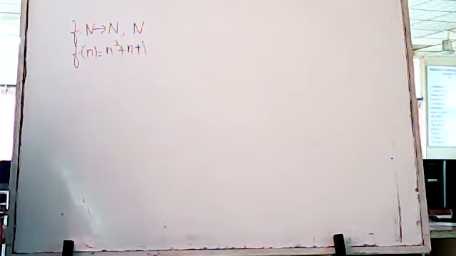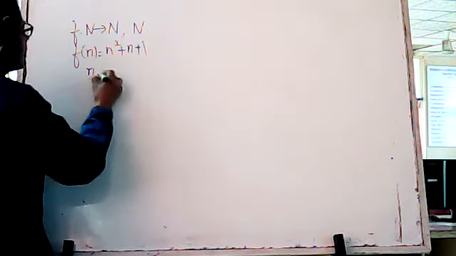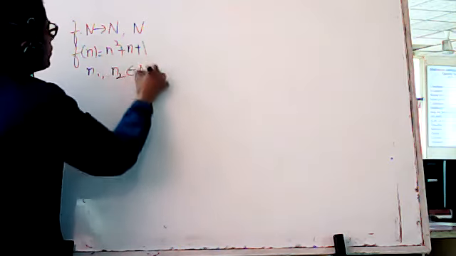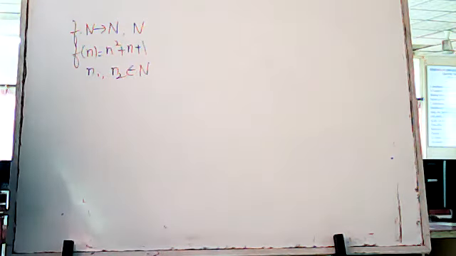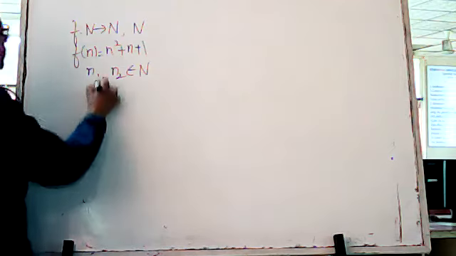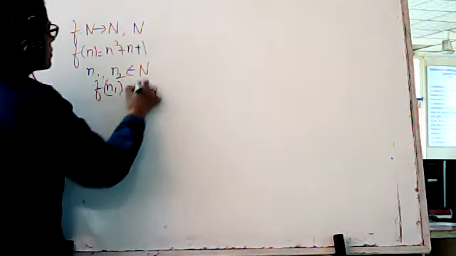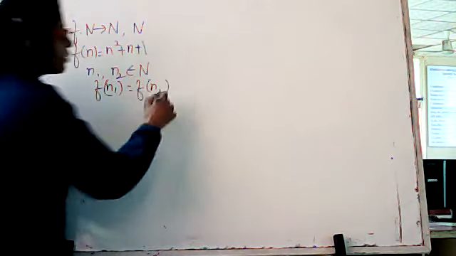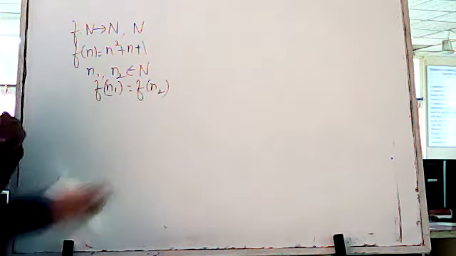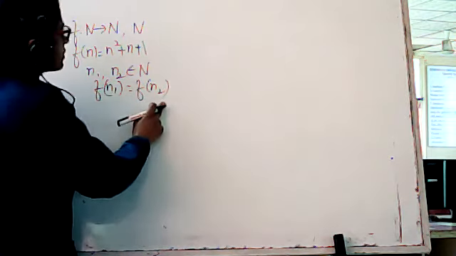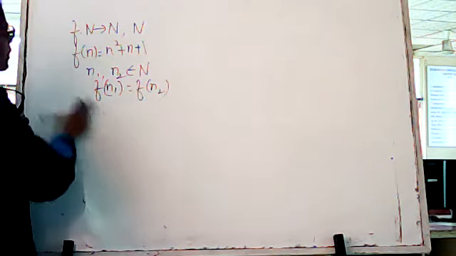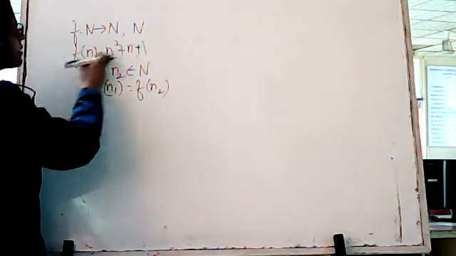तो सबसे पहले हमें देखना है फंक्शन 1 1 है कि नहीं है। Let n1 and n2 belongs to capital N such that f of n1 is equals to f of n2, according to the definition of 1 1 function. Now we are having f of n is equals to this.